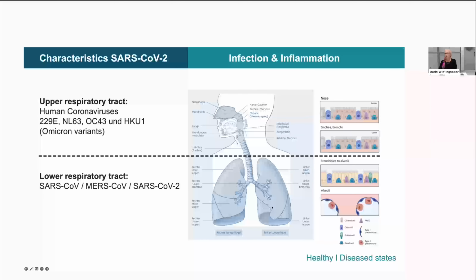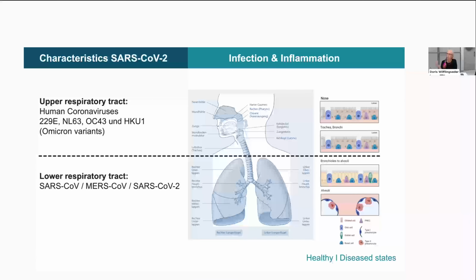That's why in our lab, we established models throughout the whole respiratory tract down to the lungs. So we established models of nasal origin, of upper respiratory tract origin, a small airway epithelial model reflecting the lower respiratory tract. And we also have a lung model, which I will show to you in a minute.